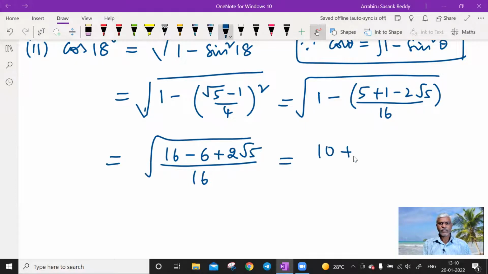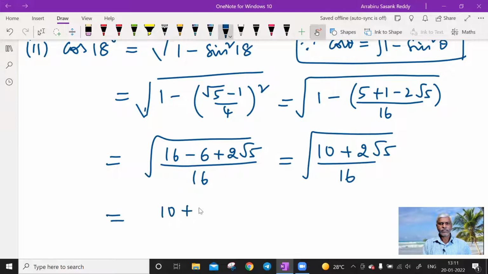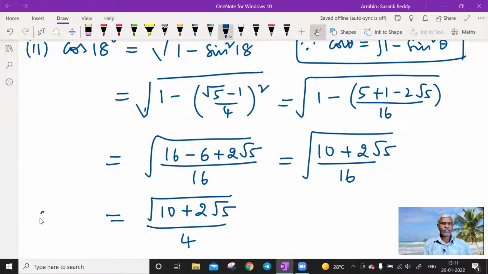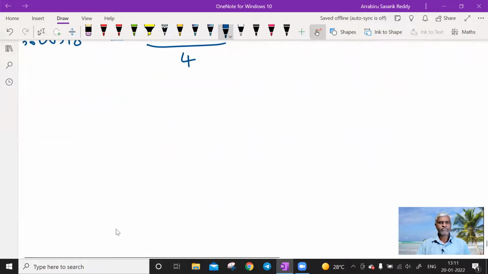So this is (10 plus 2 root 5) by 16. So that is under root (10 plus 2 root 5), and root 16 is 4. This is the cos 18 degrees value. So this is how we find sin 18, cos 18, sin 36, cos 36.